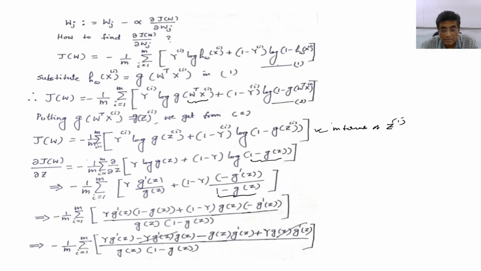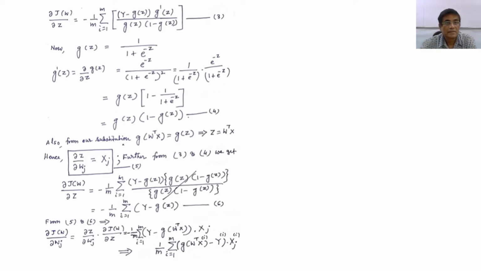So here is one term y g(z) g prime z, here minus the same term, so we are cancelling them. Just simplification. Up to this everybody is with me.